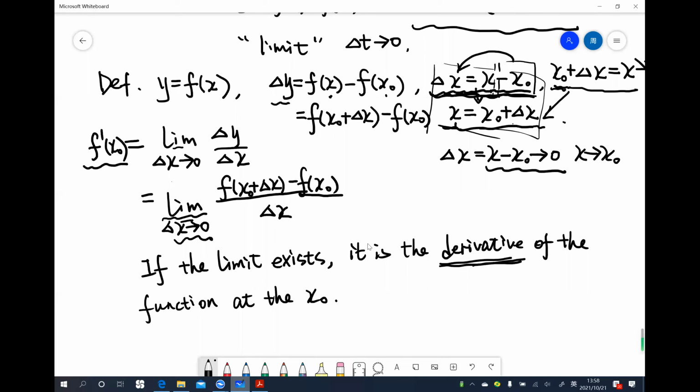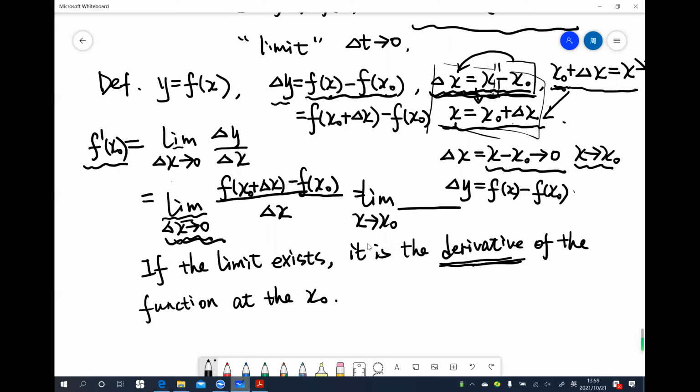And delta y equals f of x minus f of x0, so if x approaches x0, we can write it as another type: as x approaches x0, f of x minus f of x0 over x minus x0.